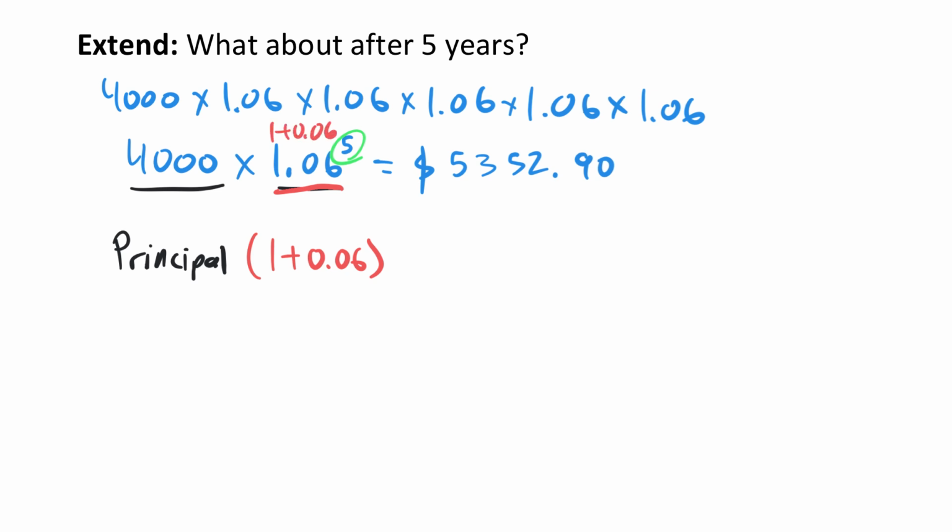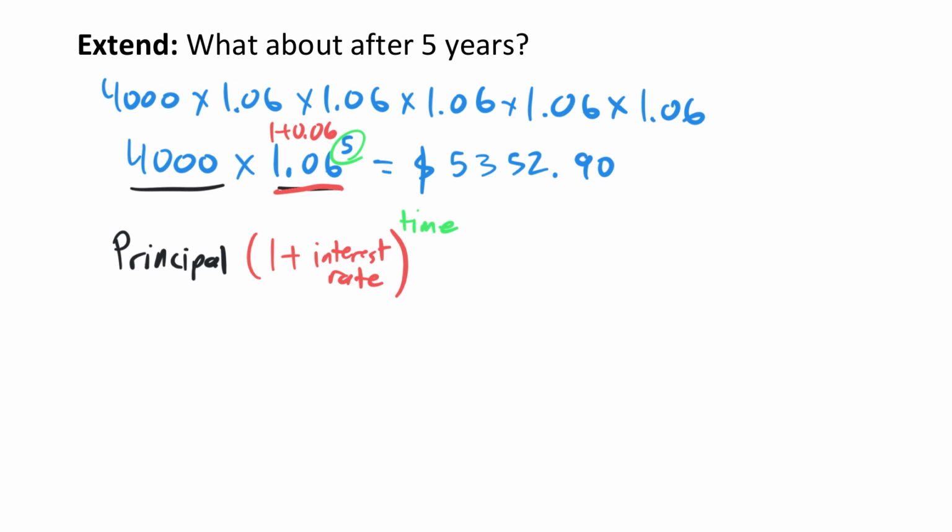So we can write this in the formula as 1 plus the interest rate. Because if the interest rate was, let's say, 8%, we'd put 1 plus 0.08. Or if the interest rate was only 2%, 1 plus 0.02. And that 5, that's going to be the time. So if it's 5 years, you put a 5. If it was 10 years, you put a 10.